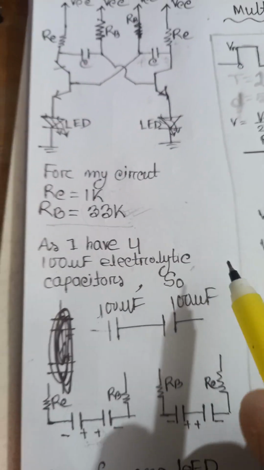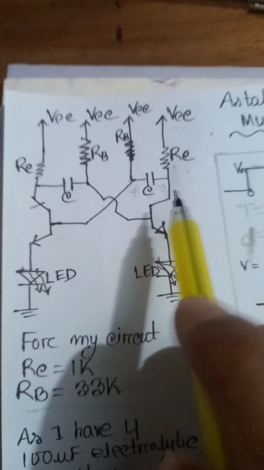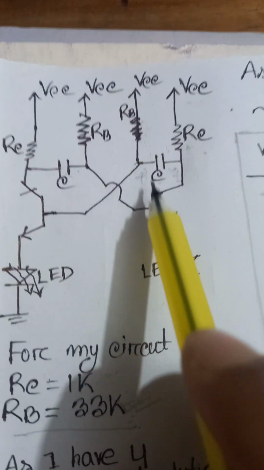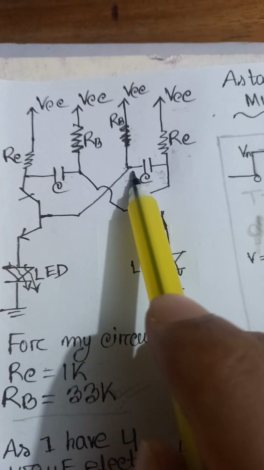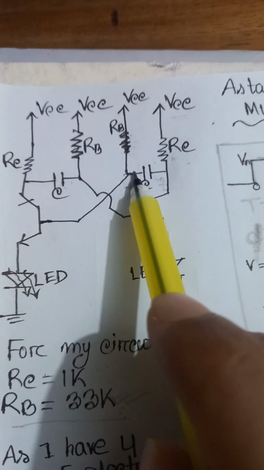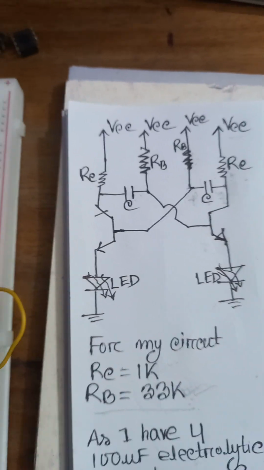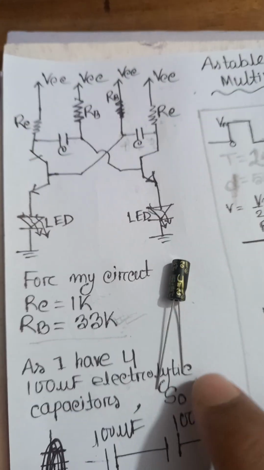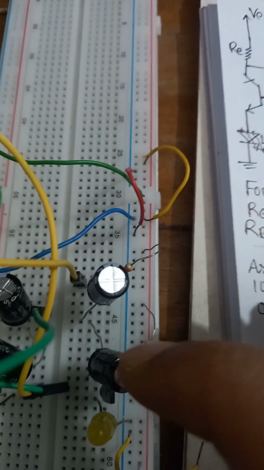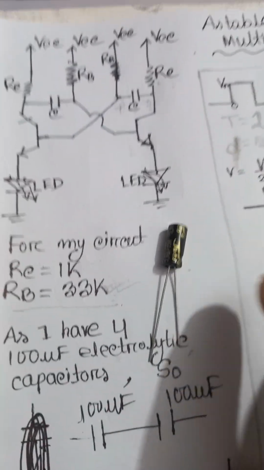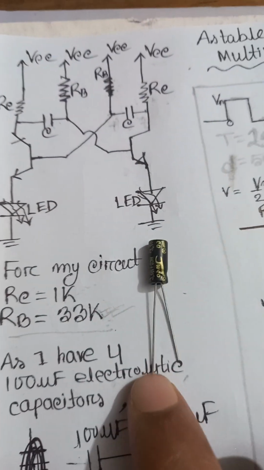The next question is, if you understand the mechanism of this circuit, you will see that sometimes this point's voltage is positive and sometimes this point's voltage is positive. But let's say you have this kind of electrolytic capacitors. You see, I have used electrolytic capacitors here.